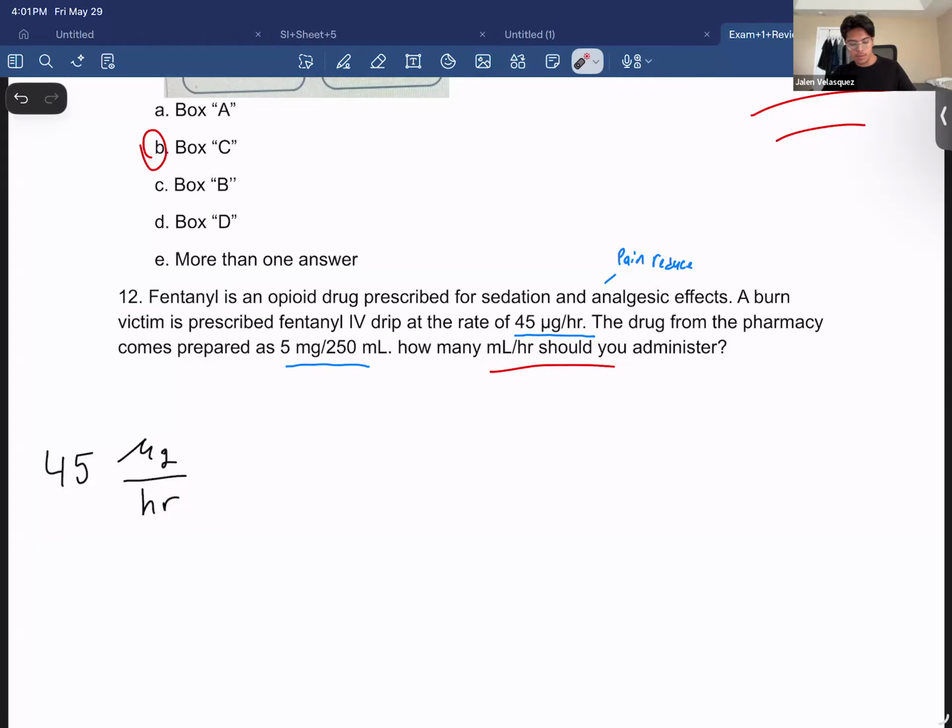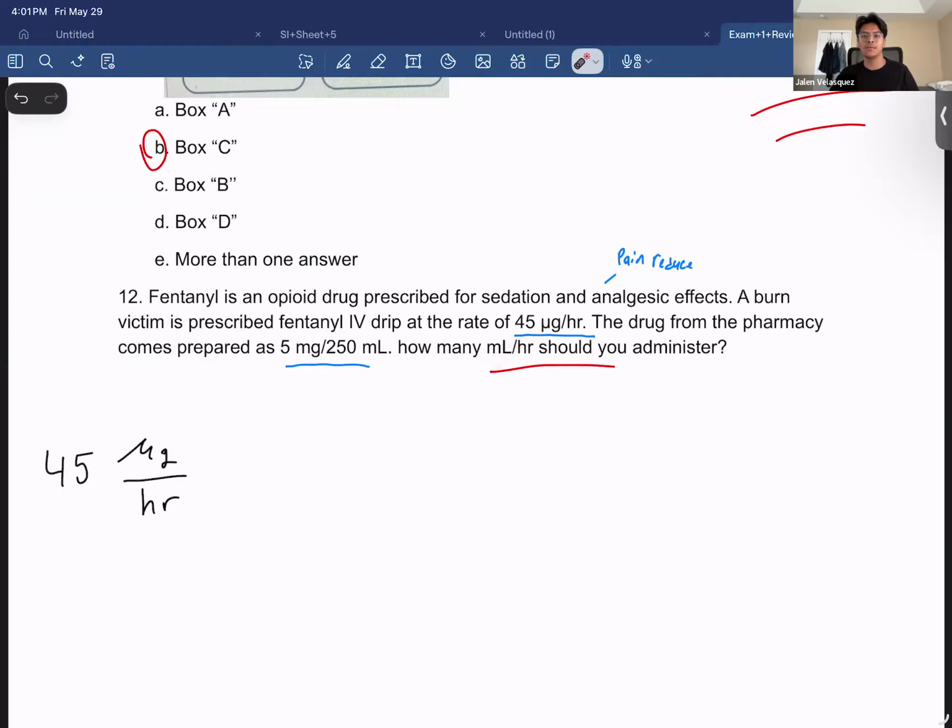So you notice that there's a problem here. Looking at the numerator of this problem, we're starting with micrograms on the numerator. Our final answer is going to have milliliters on the numerator. That's kind of odd because a microgram is a unit of mass and a milliliter is a unit of volume.